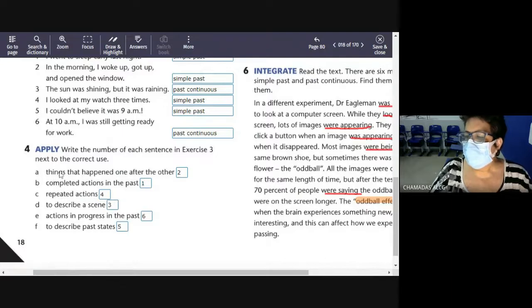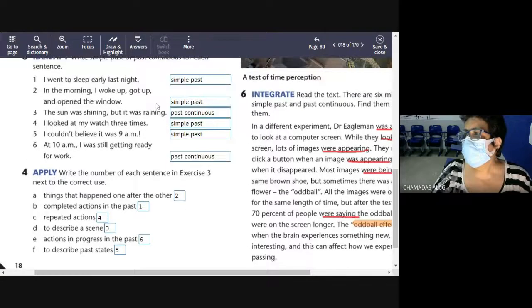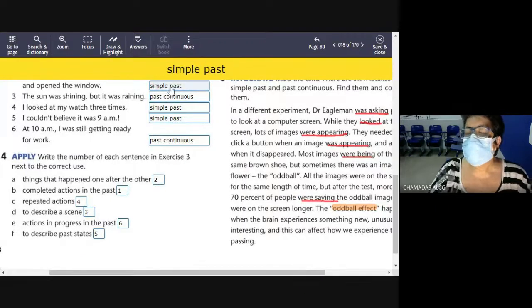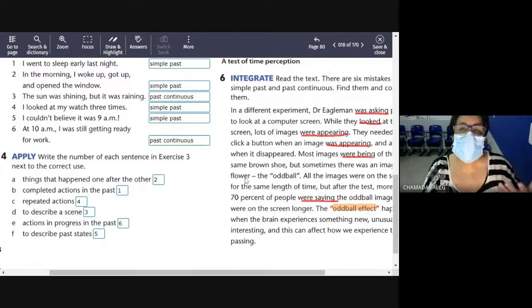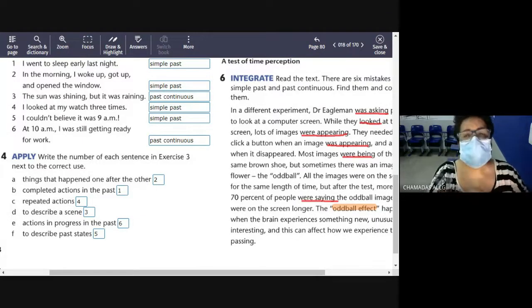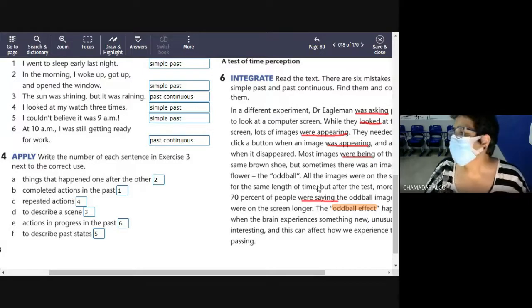Things that happened one after the other. So, look, simple past. Okay? So we use the simple past to describe actions that happen in a sequence. Okay?